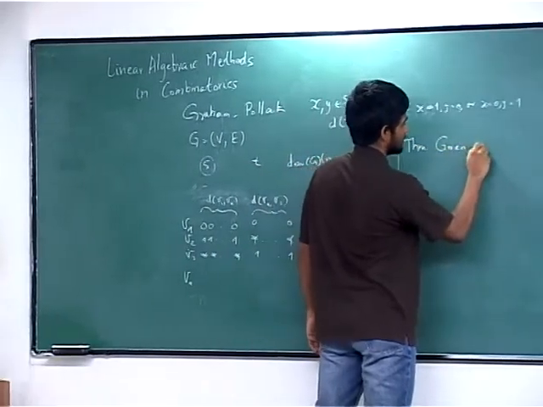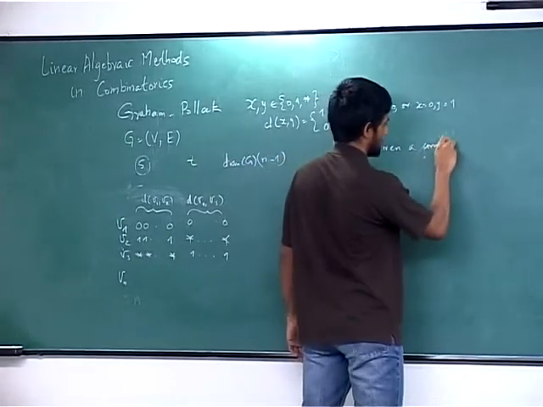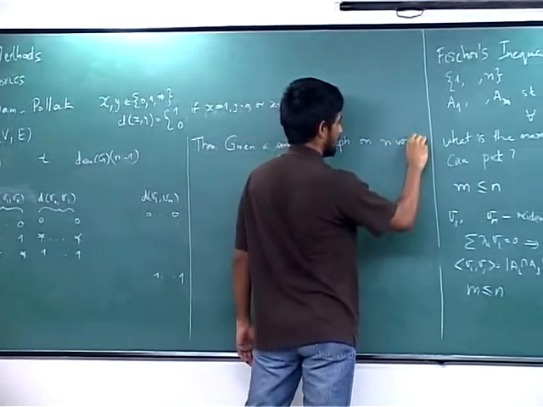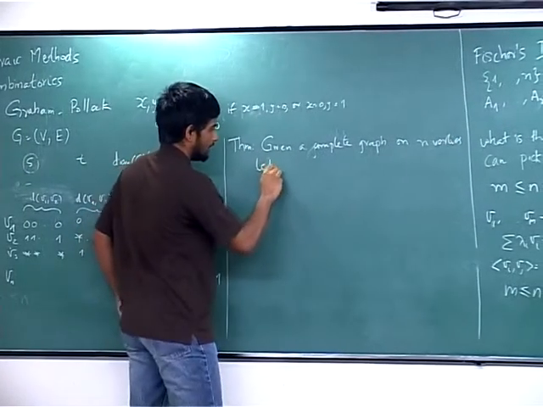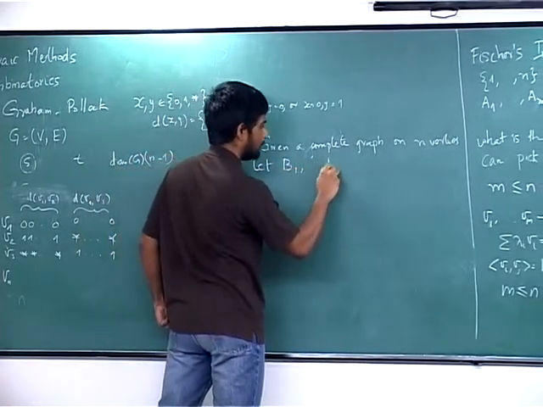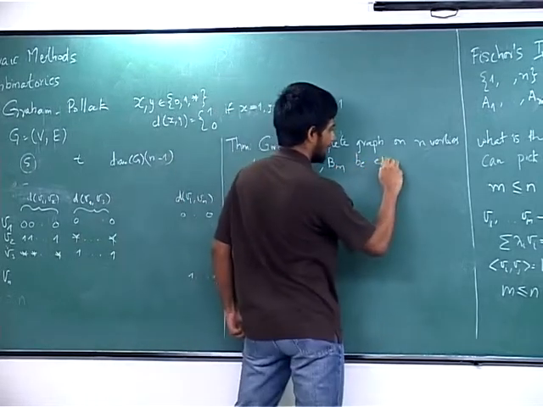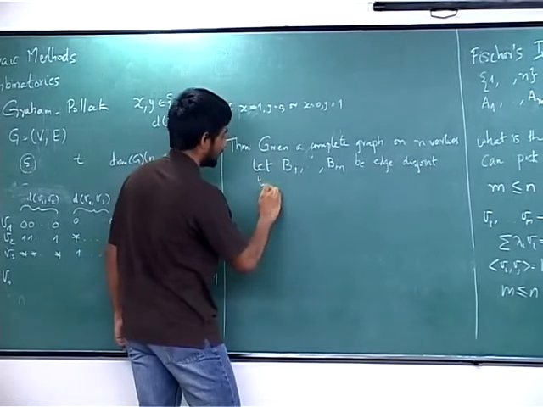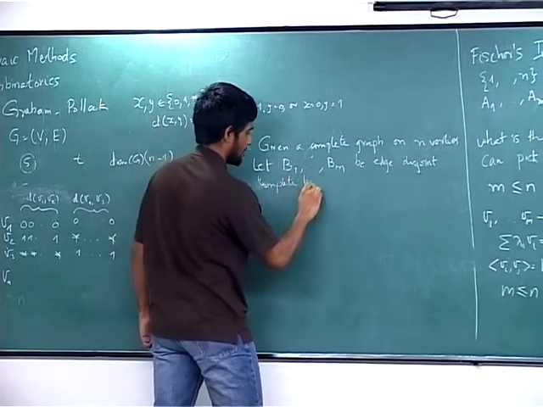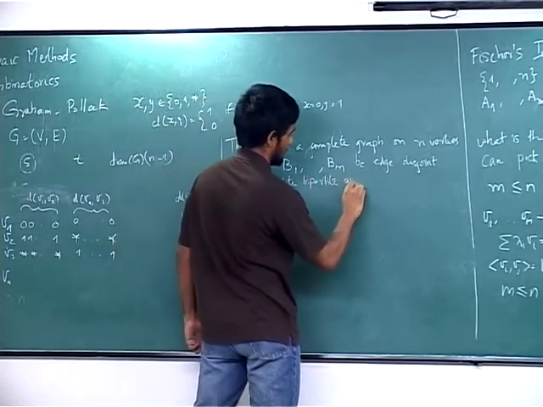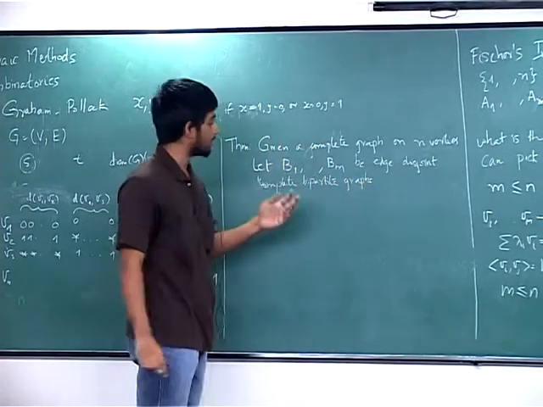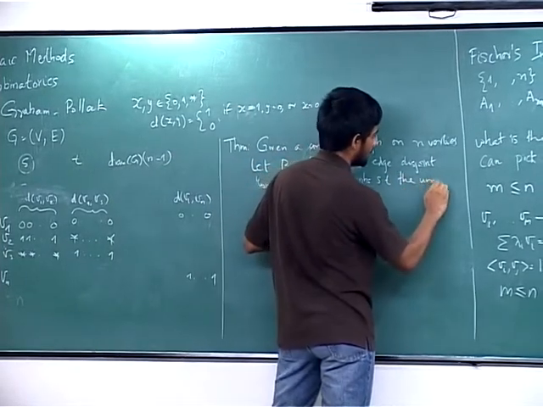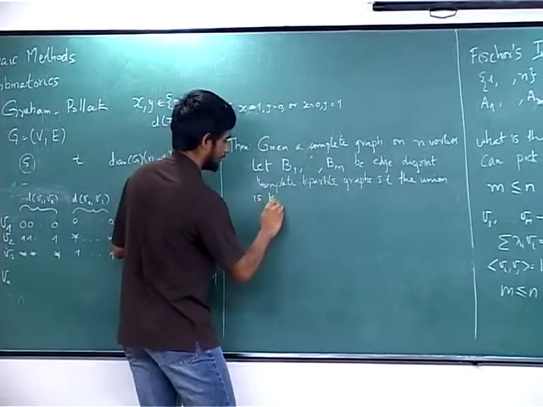Given a complete graph on n vertices, let B1 to Bm be edge disjoint complete bipartite graphs such that the union of edges is Kn, the entire graph, right?